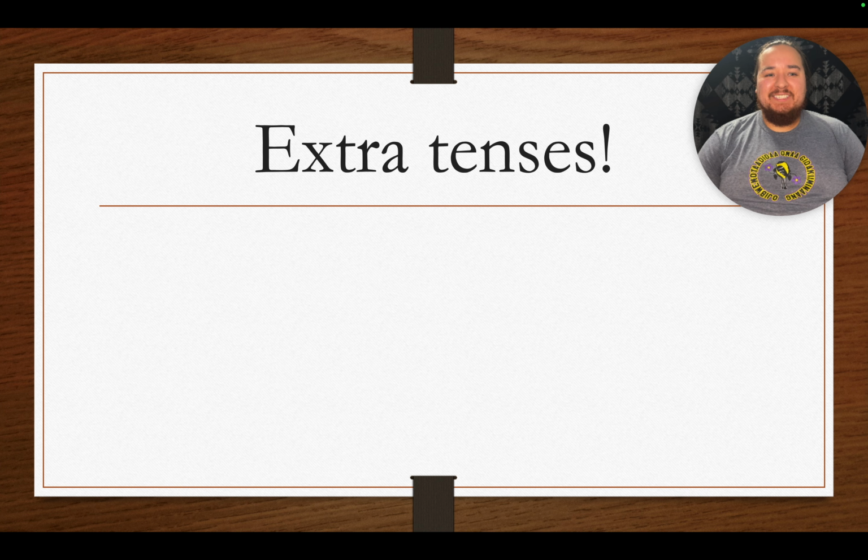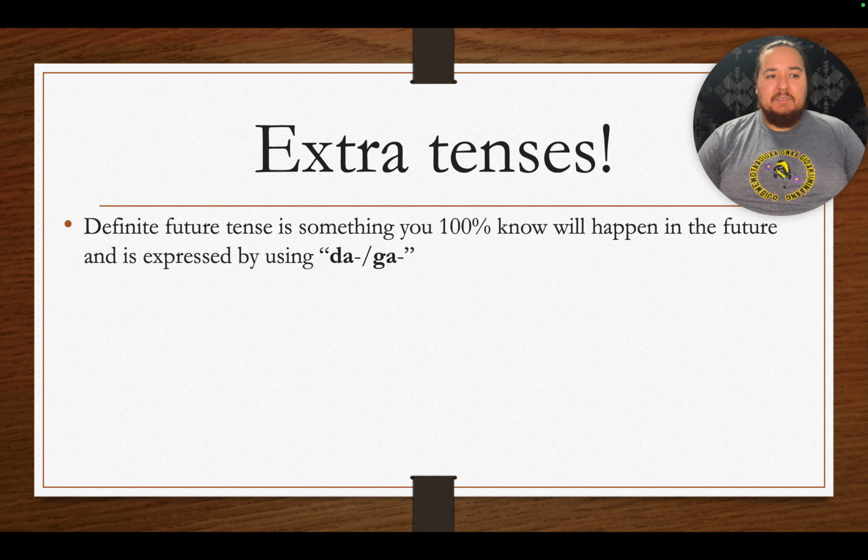So, extra tenses. Definite future tense is something 100% will happen in the future and is expressed through the prefixes da, da dash, or ga, ga.